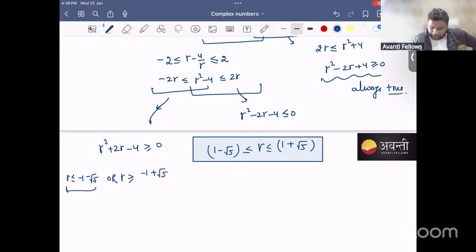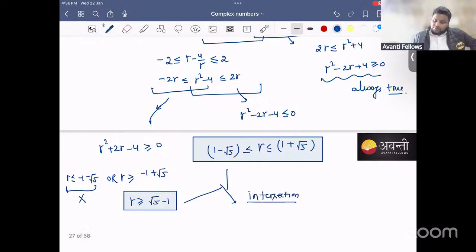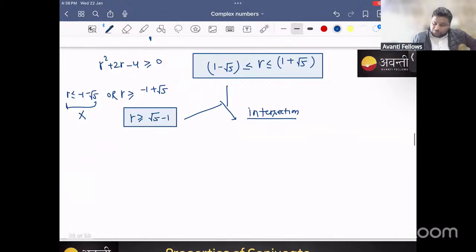Now see, this won't exist because r cannot be negative. So from this, I can say r is more than or equal to root 5 minus 1. Now you take the intersection of both of them. If I take the intersection, r will be less than or equal to 1 plus root 5 and more than or equal to root 5 minus 1.